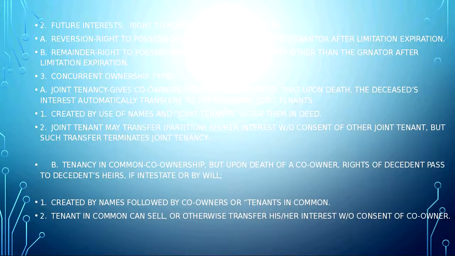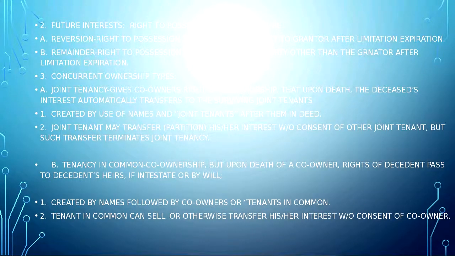There are also known as concurrent types of real estate ownership. The most popular one is called joint tenancy, which gives co-owners the right of survivorship upon the death of a joint tenant. So any property listed in joint tenancy is automatically, upon the death of one of the joint tenants, going to revert to the survivor.